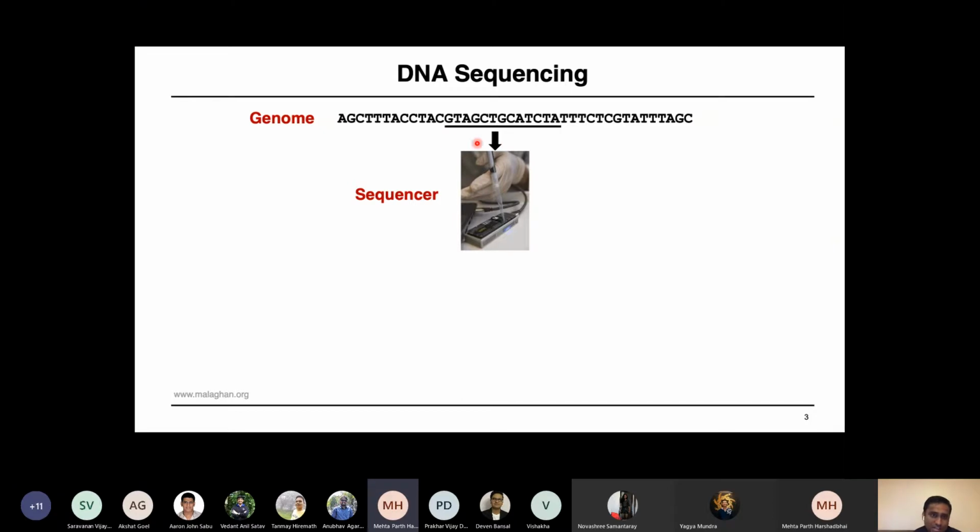What I'm showing here is a DNA sample, which could be from saliva or blood, which is fed into a machine known as a DNA sequencer, which produces a set of output reads. These are called sequencing reads, and these are just sequences of nucleotide bases from a contiguous fragment of DNA. For example, this fragment could be from the region which is underlined above, as shown in this figure.